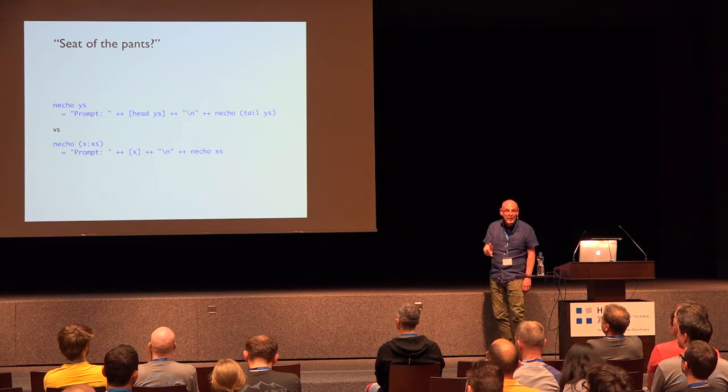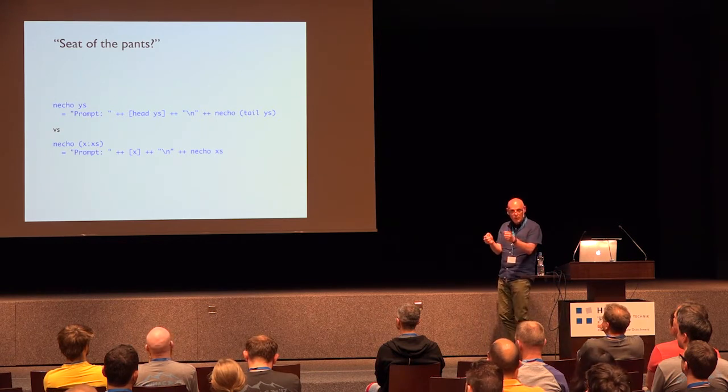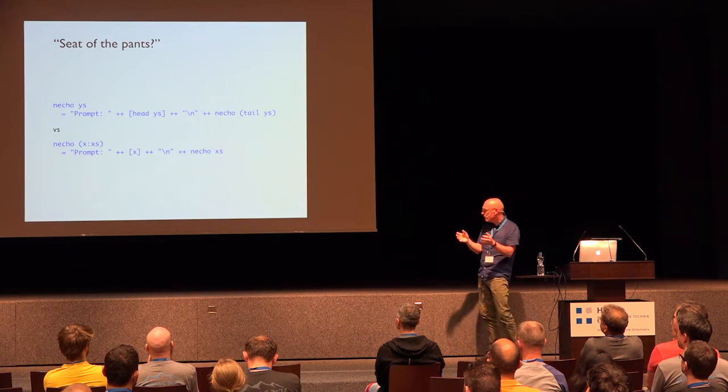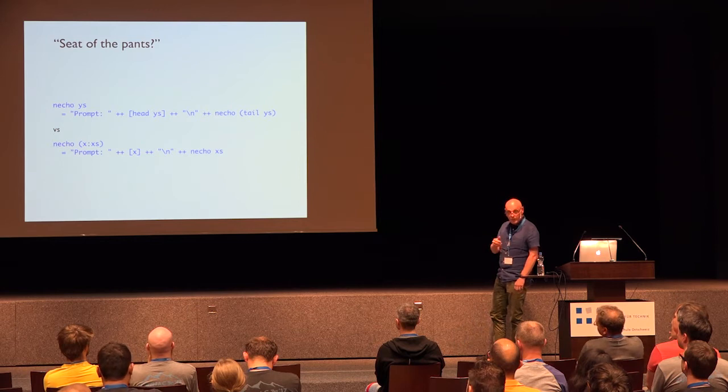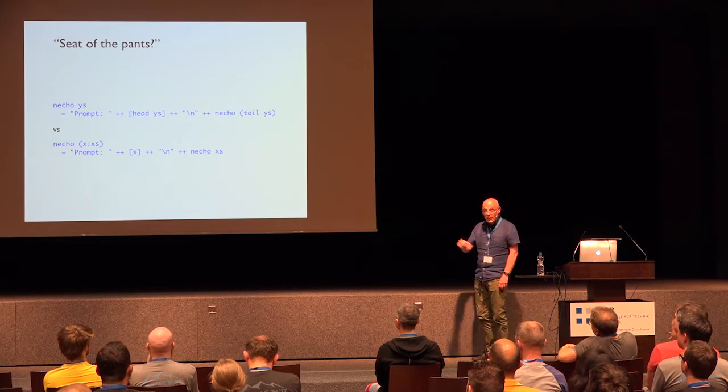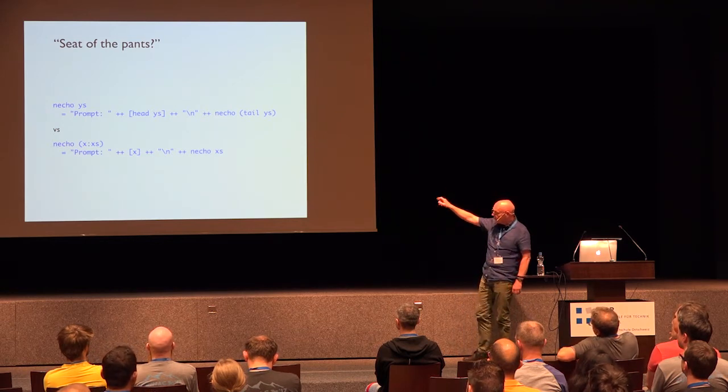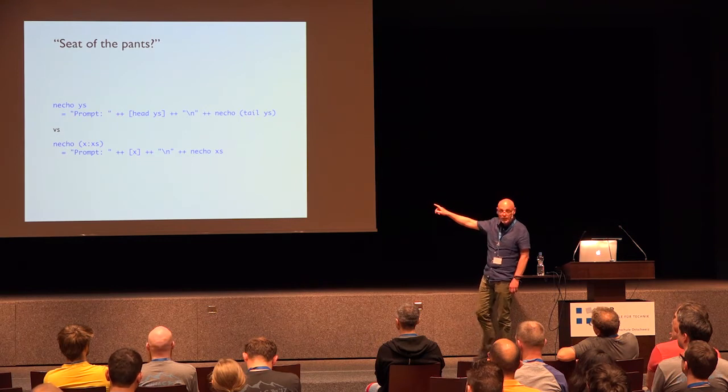Because, of course, it doesn't matter if you give that program a total list, it's going to give you the same answer. It's going to say prompt and then... but if you give it a partial list, in the first case, you'll be able to produce the prompt. In the second case, as you give it a totally undefined list, you can't.